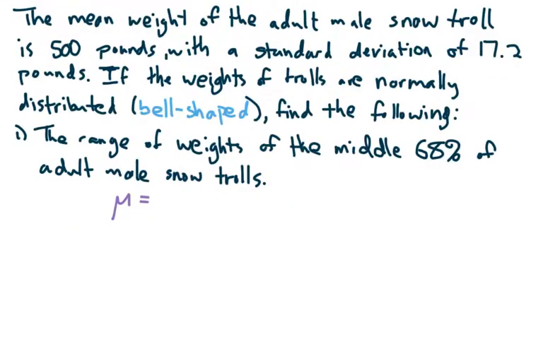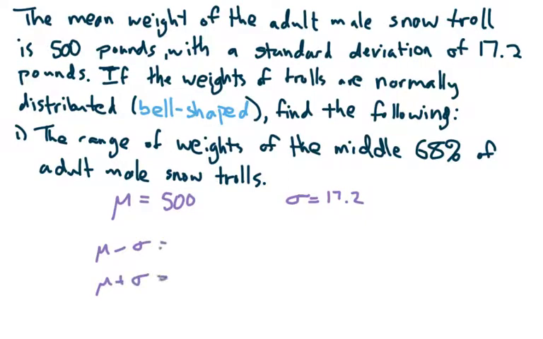So mu was given to us as 500 pounds. Sigma was given to us also as 17.2 pounds. The lowest value and the biggest value that border this middle 68% are going to be mu minus sigma and mu plus sigma.